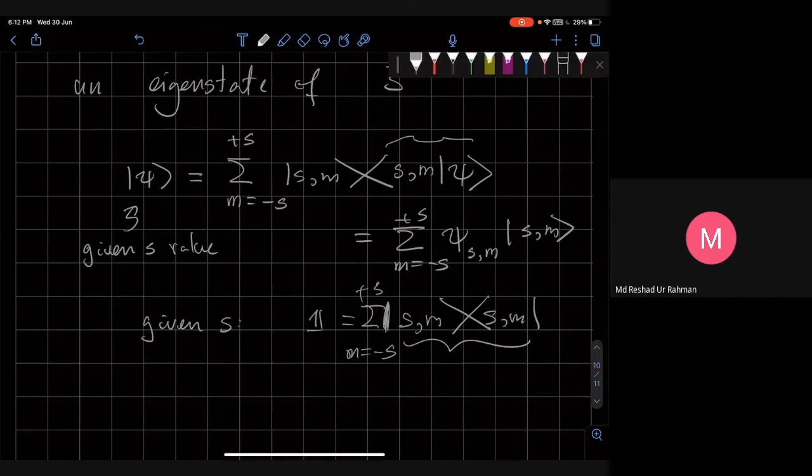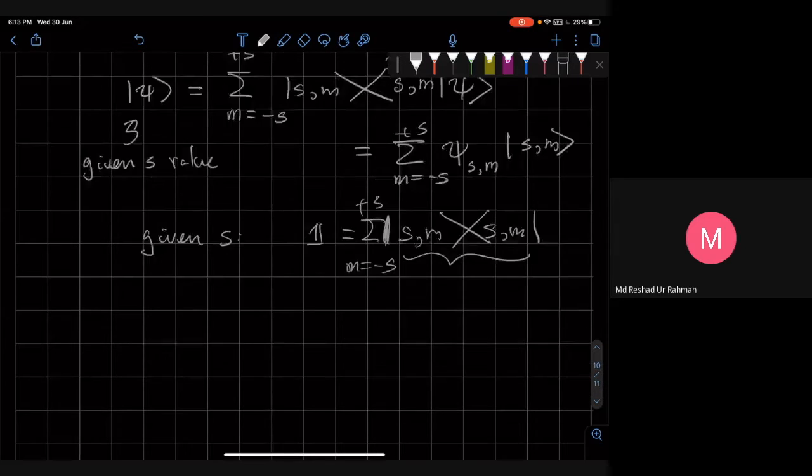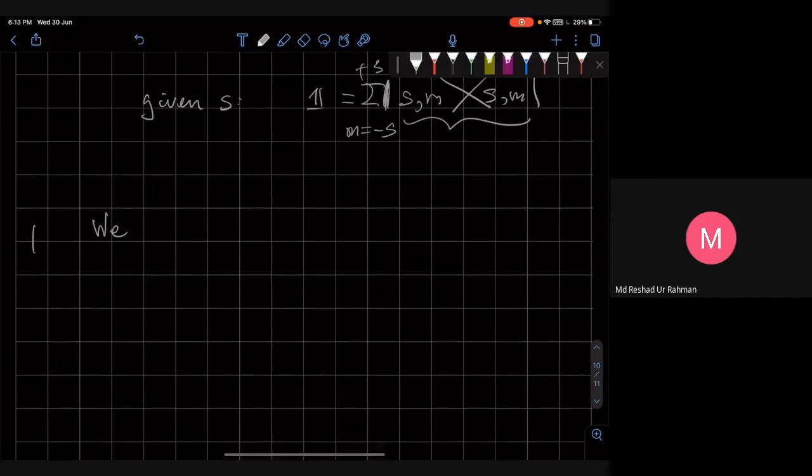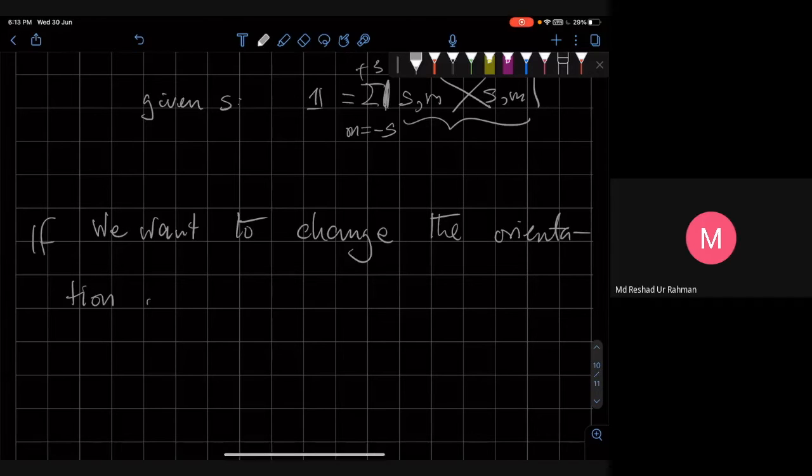Now suppose we want to rotate this system. So we want to change the orientation of the spin of the system.